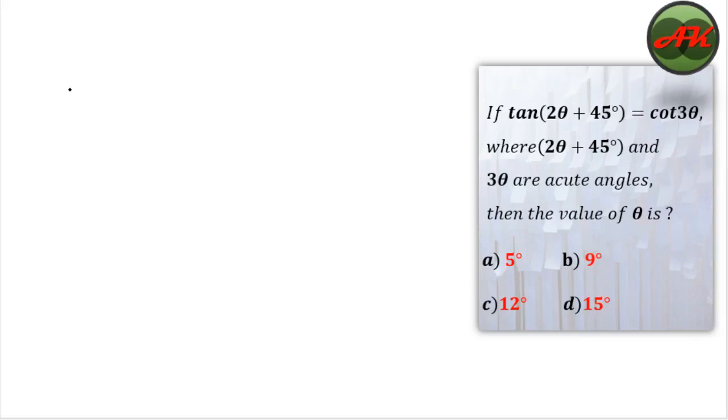Next problem. If tan of 2 theta plus 45 degree is equal to cot 3 theta, where they are given the condition 2 theta plus 45 degree and 3 theta are acute angles. Acute angles means less than 90 degree. Then the value of theta is, okay, let me take tan of 2 theta plus 45 degree is equal to cot of 3 theta.